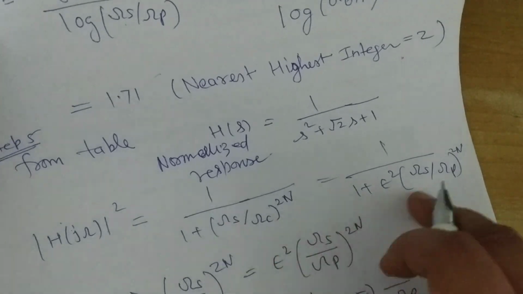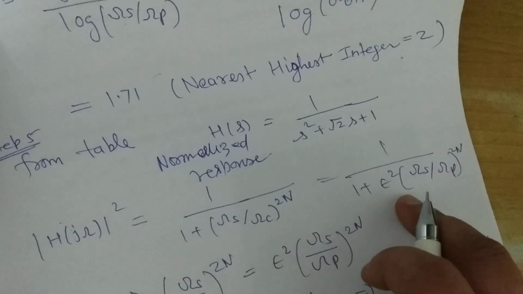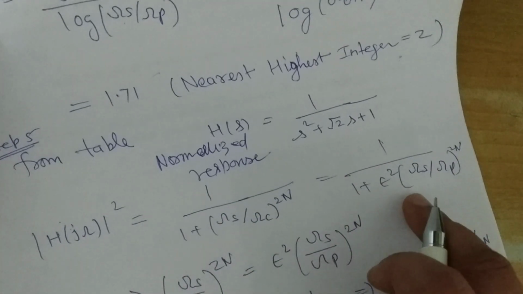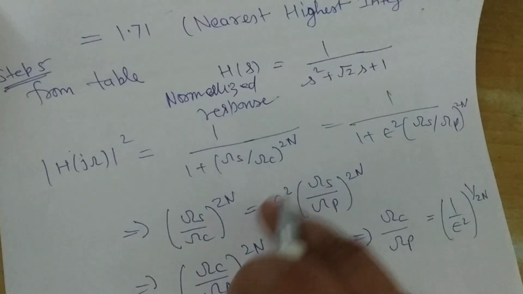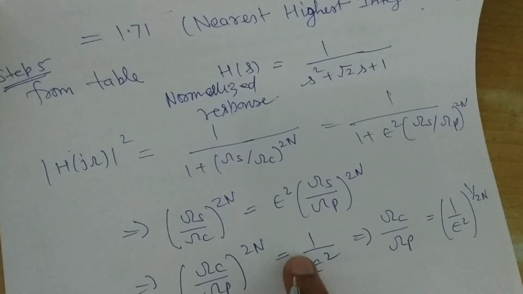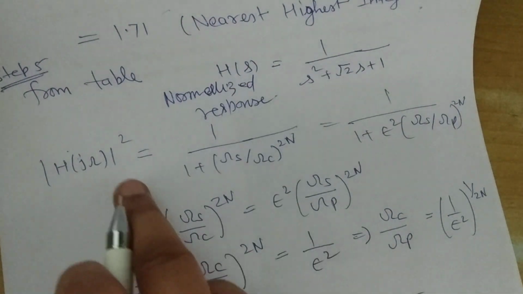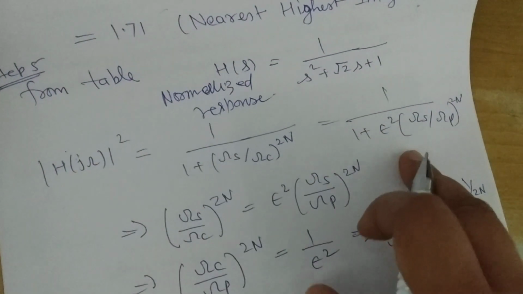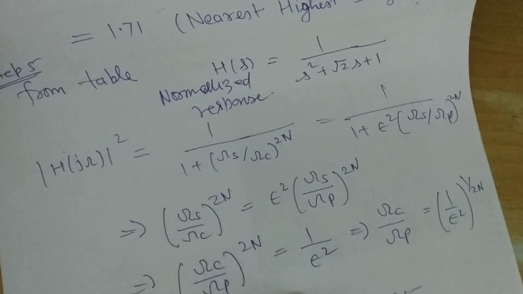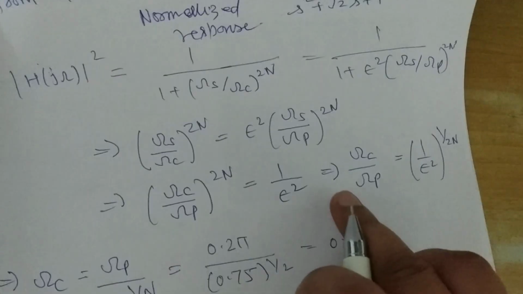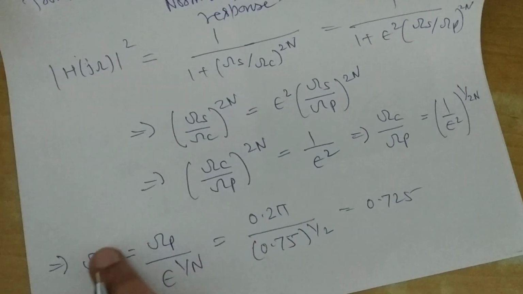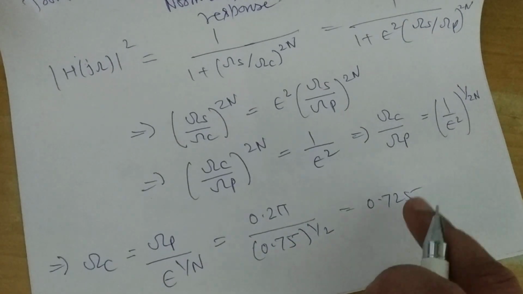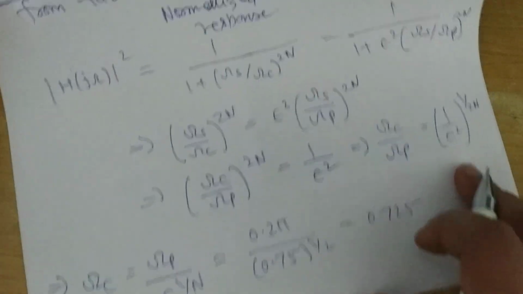I have already sent you in the notes how to find the cutoff frequency, but this is again a numerical procedure. Because the magnitude response has two formulas, when you equate these two formulas, you get a relationship between the different parameters, and from this you may calculate the cutoff frequency. Now the cutoff frequency is 0.725.